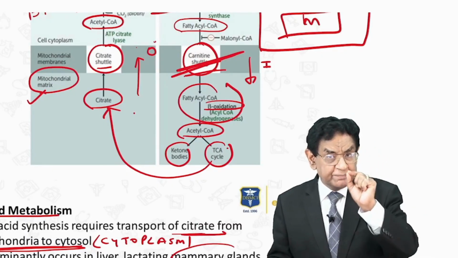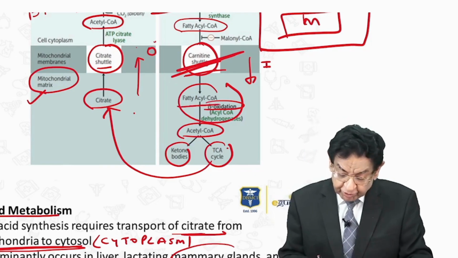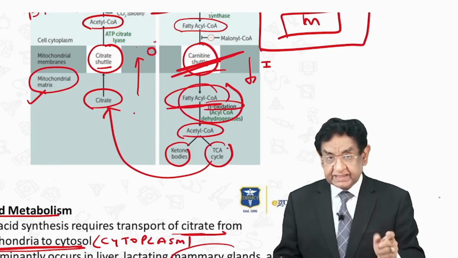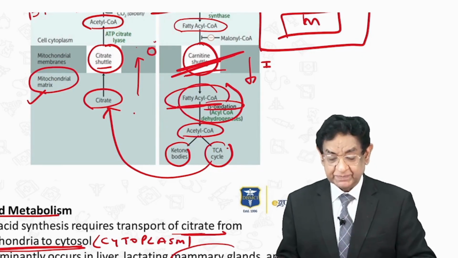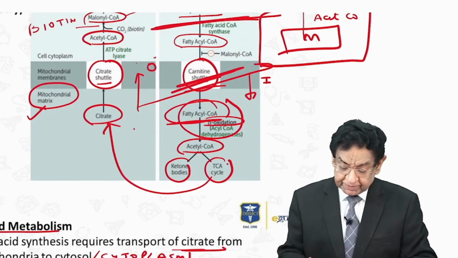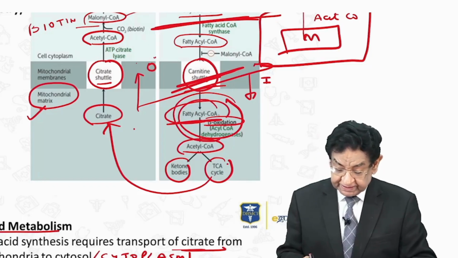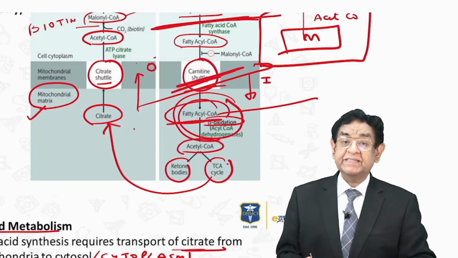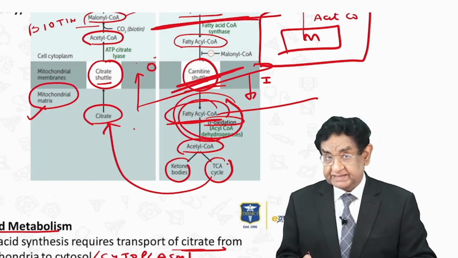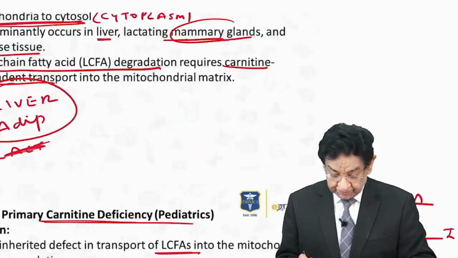Because it cannot be broken down, there is accumulation of fatty acyl coenzyme A. So this is the problem in the first step. The problem in the second step is at this particular place, this will accumulate. This is a medium chain fatty acid molecule.